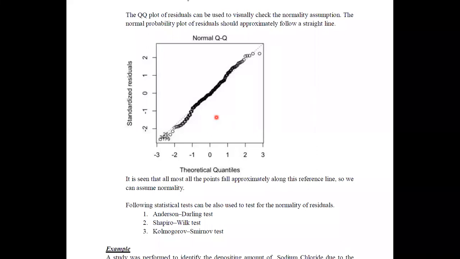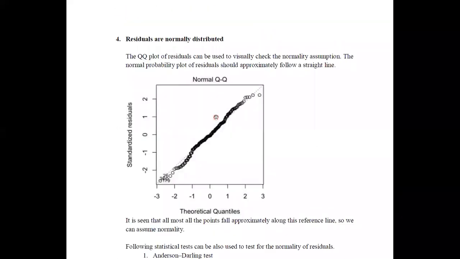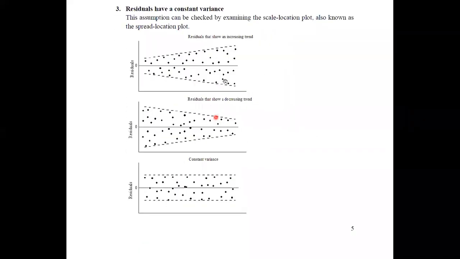The next thing we test is constant variance. Scale-location plots can be used. If there is no increasing or decreasing trend, meaning the points lie within a band or interval, then we can say the variance of the error terms is constant.